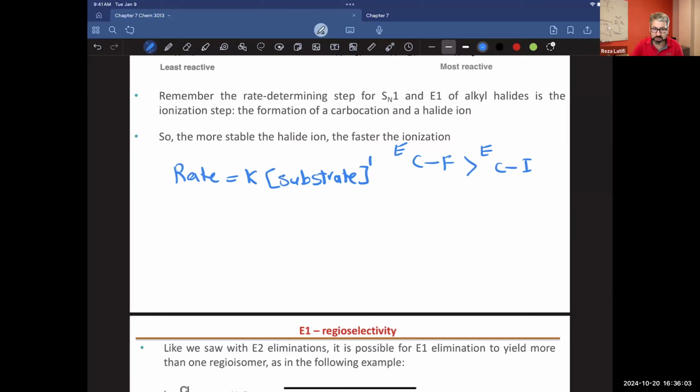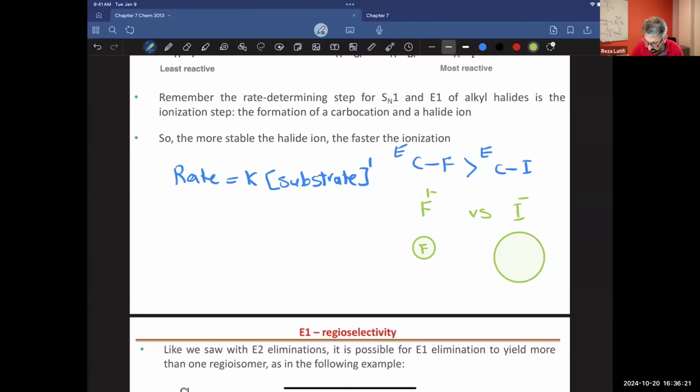Now, what will happen to the halide by itself, say having fluoride F-1 versus iodide I-1? Iodide is a bigger object than fluoride. Fluoride with a negative charge is going to feel too much repulsion between the new electron and the electrons of the fluoride itself.